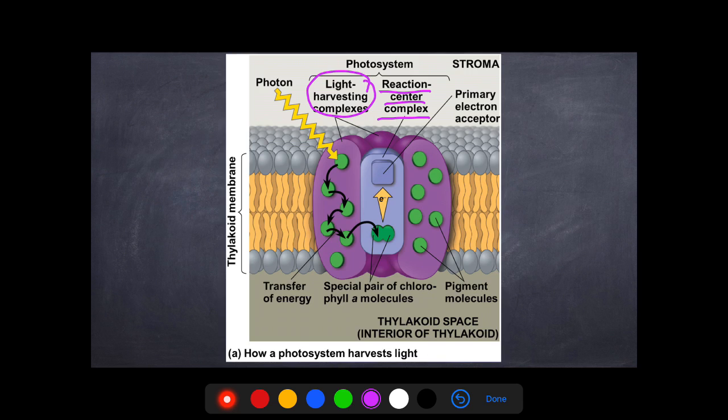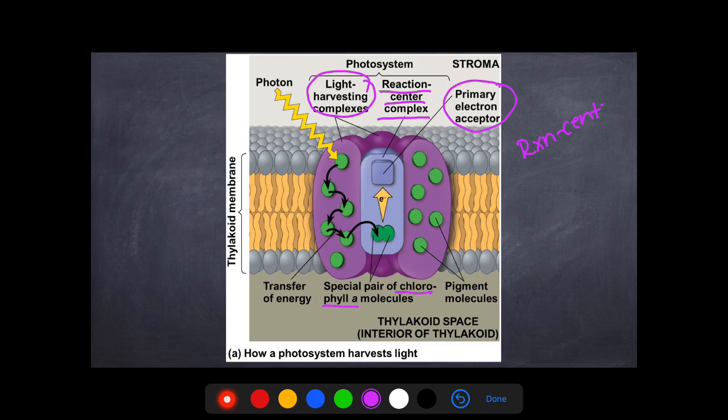And within these complexes, we're going to see what exactly happens when you are creating an excited electron, or you are having light reactions occurring. When we talk about the reaction center complex, remember there is a primary electron acceptor as well as chlorophyll A molecules. Remember we said that there are two chlorophyll A molecules as well as a primary electron acceptor that makes up a reaction center complex.